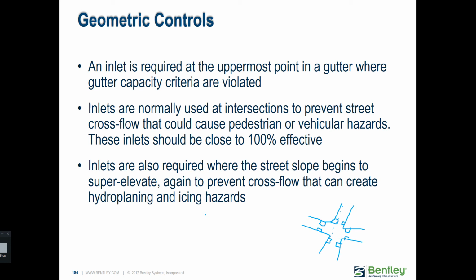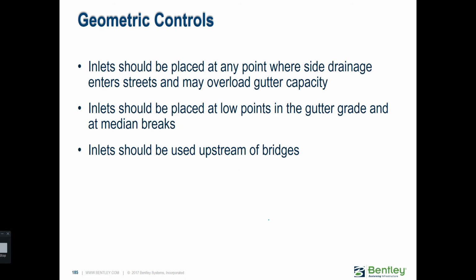So if we have something like this and then like that, you know that at this location you're going to have to put an inlet, right? If you have a place where you have side drainage entering your street, so for example, you have the side of your road right here, and from a big building the rooftop is discharging right there.